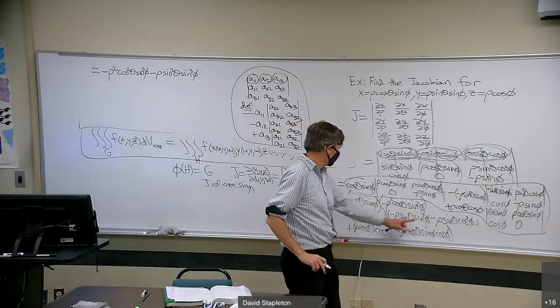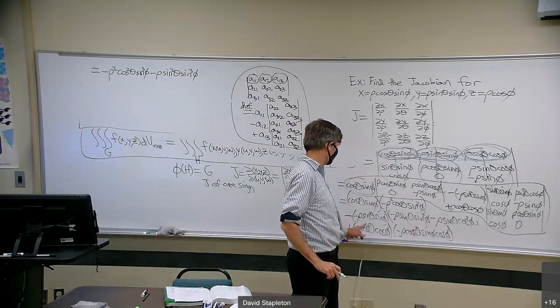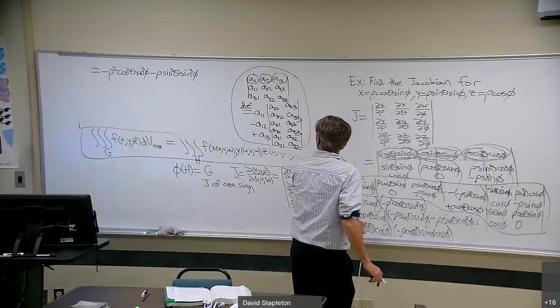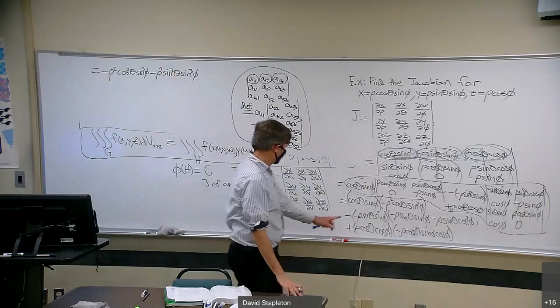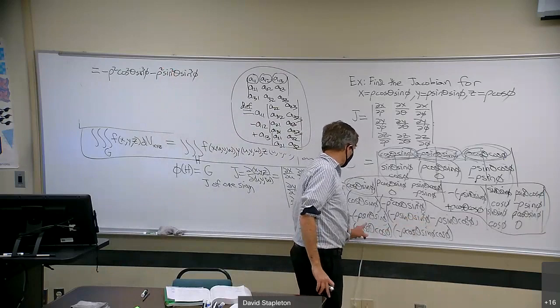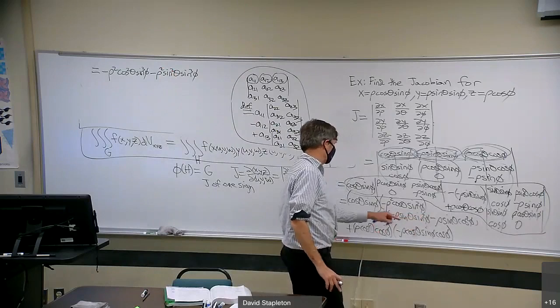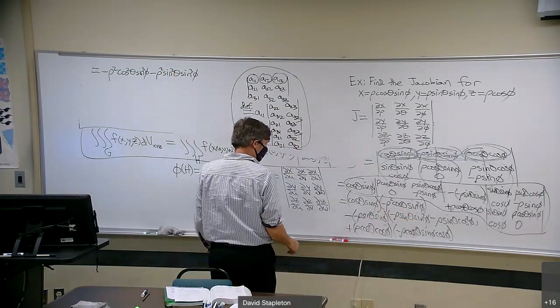And then this one times this one gives minus rho squared sine squared theta sine phi cosine squared phi.